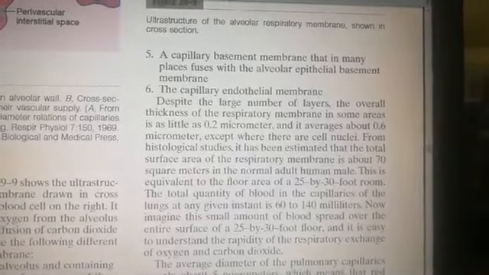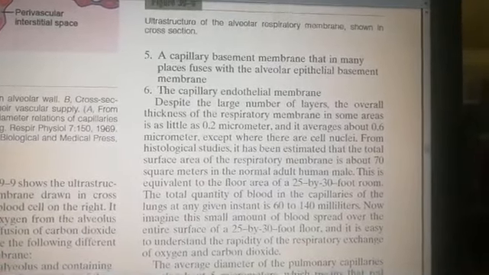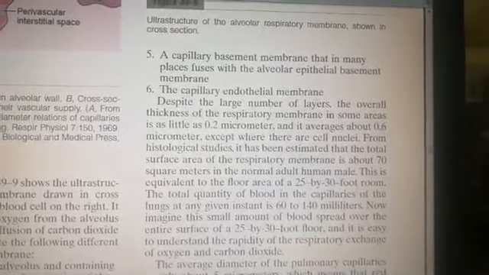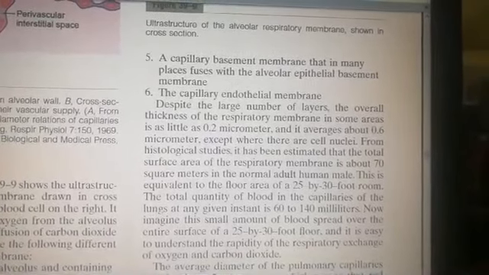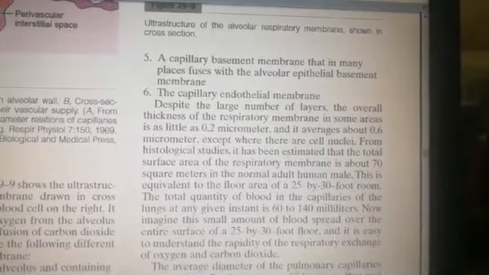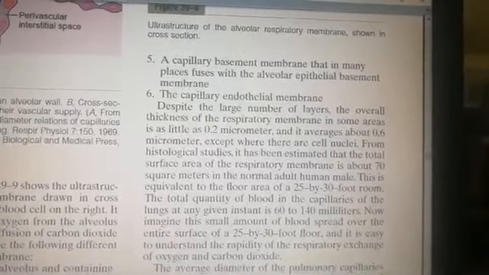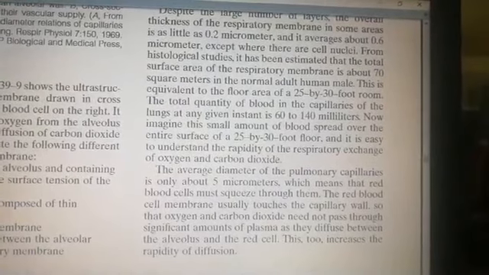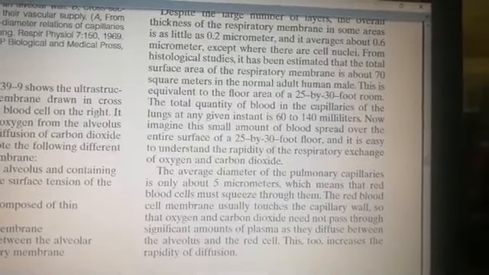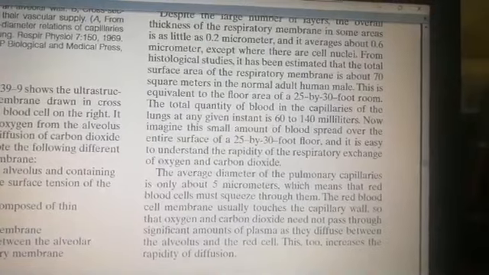The overall thickness of respiratory membrane averages 0.6 micrometer and is as little as 0.2 micrometer. And the average diameter of pulmonary capillary is only 5 micrometer.